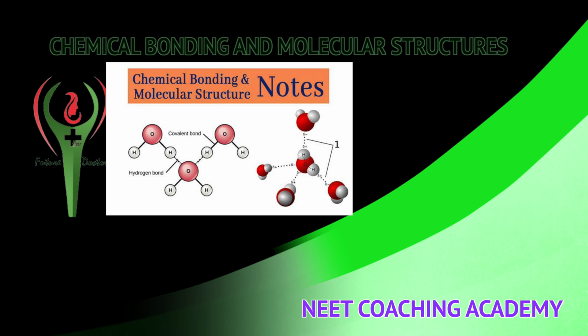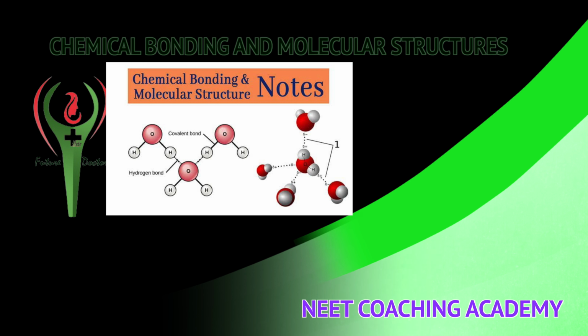The central atom A is at the center, and two atoms B are bonded to it, BAB or AB2. The bond angle is 180 degrees. It is a linear molecule. Examples are BeCl2, BeF2, MgCl2, MgF2, HgCl2, etc.